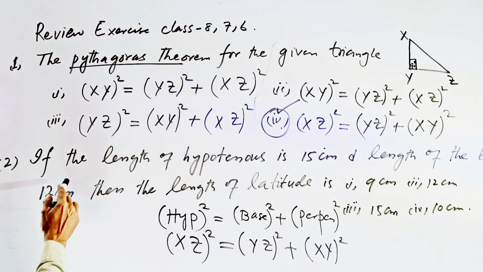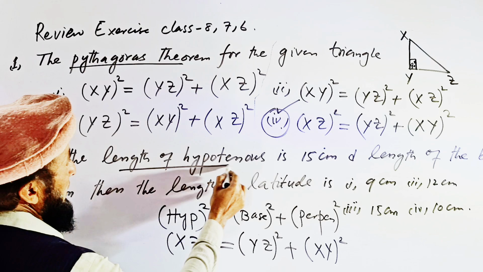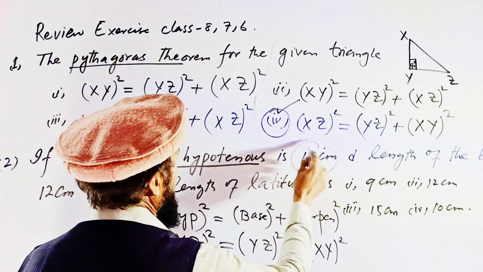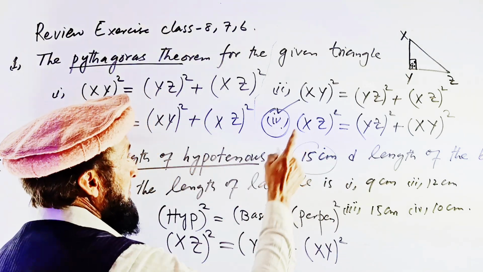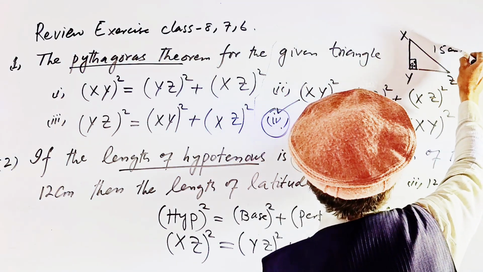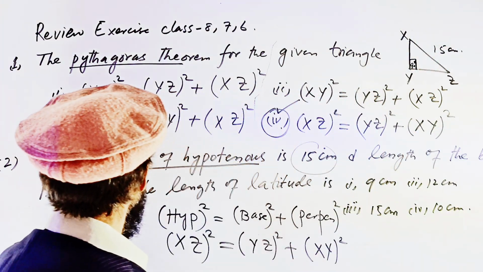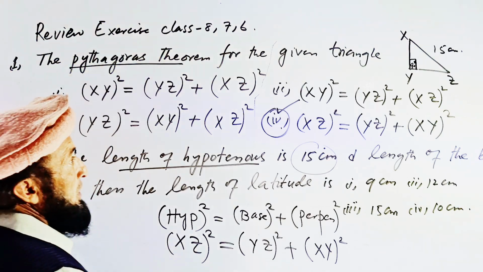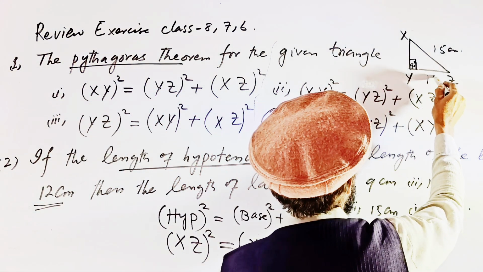Question number 2, if the length of the hypotenuse is 15 centimeter. For example, we take the same diagram, so this will be 15 centimeter. And the length of the base is 12. So this will be base.